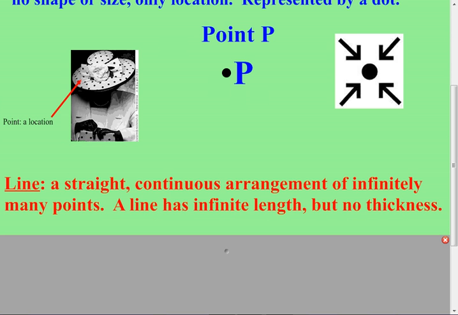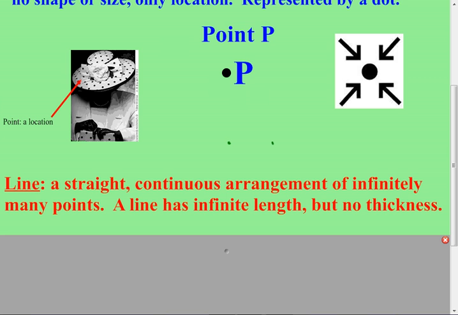Okay. Next word is a line, and we're all familiar with lines. The thing is, lines are always straight. So you might just try to describe something saying that's a straight line. You don't have to use the word straight line. Lines are straight. They're a continuous arrangement of many points. So this is not a line. Those are 2 points.